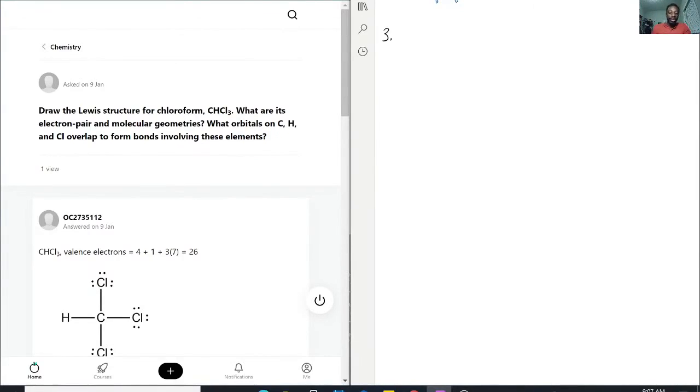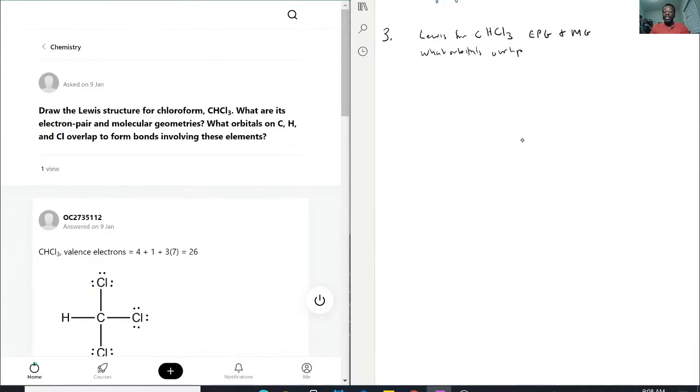This one's a little bit tricky, but we have CHCl3. We want the Lewis structure, the electron pair geometry and molecular geometry, and we also want to know what orbitals overlap.